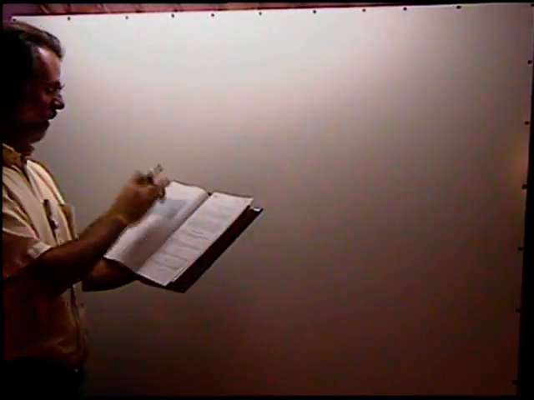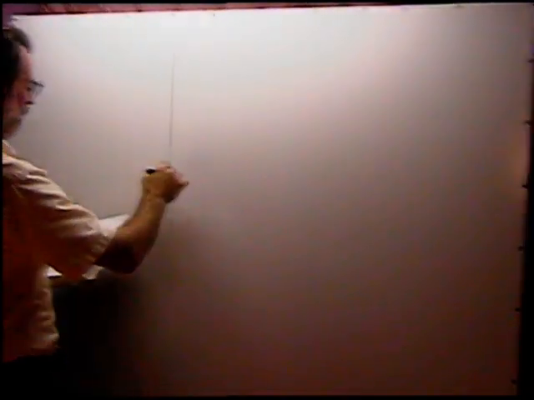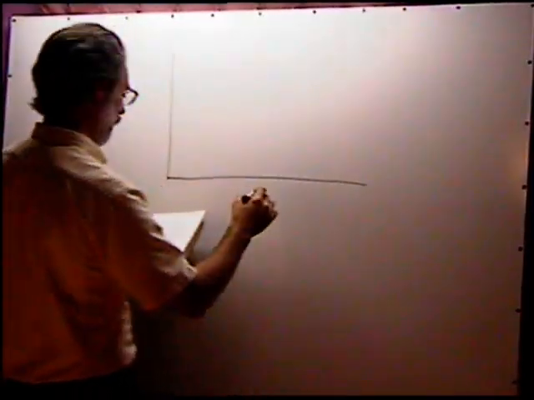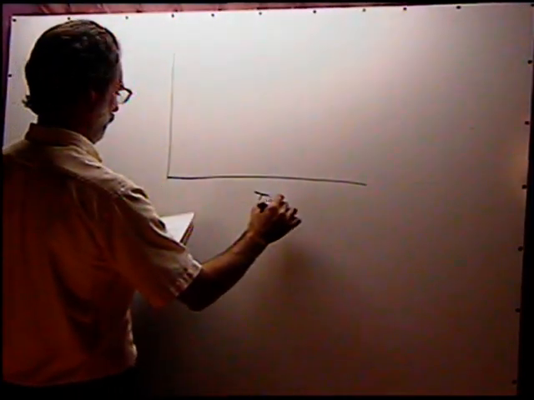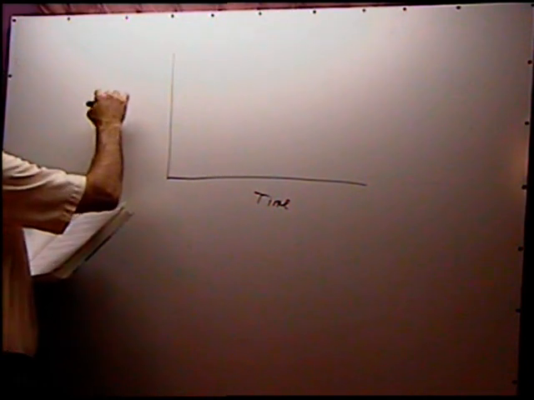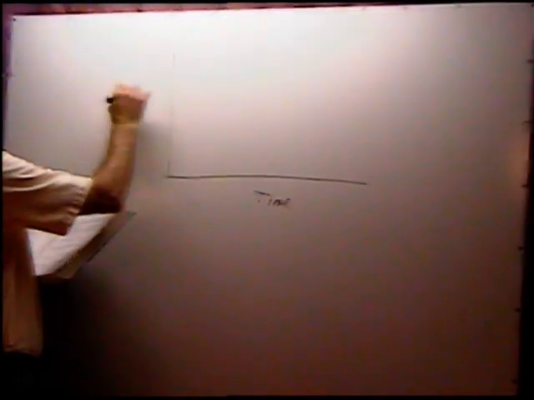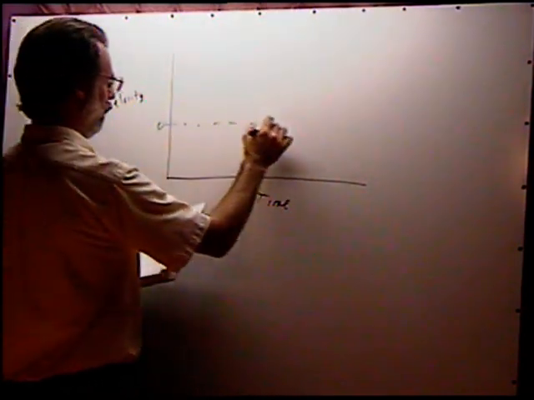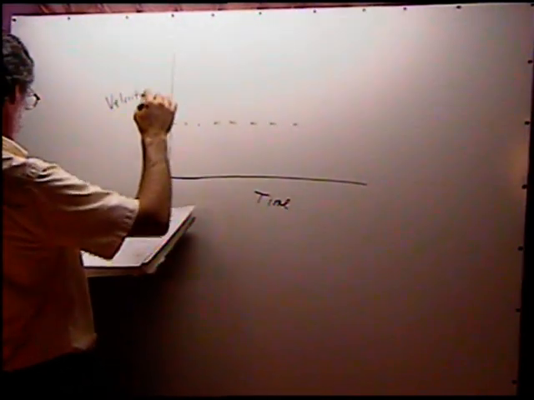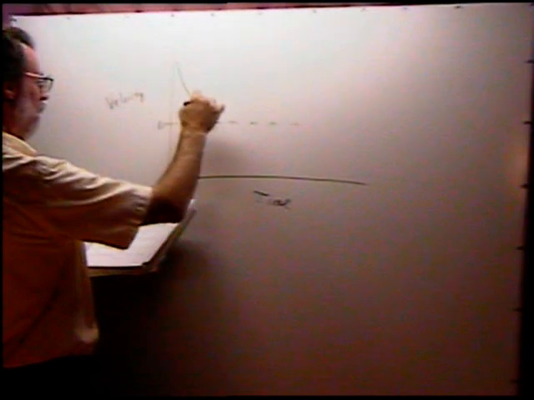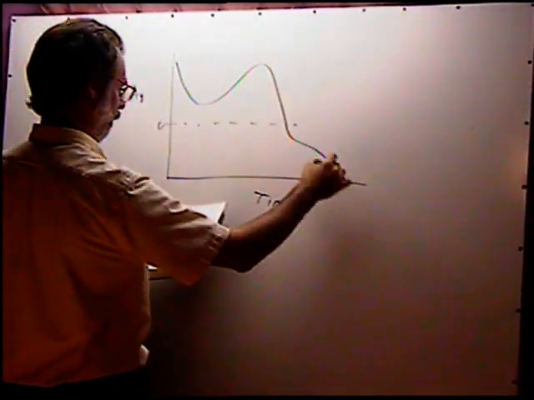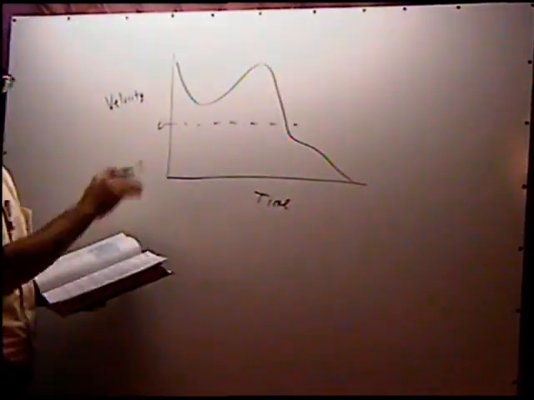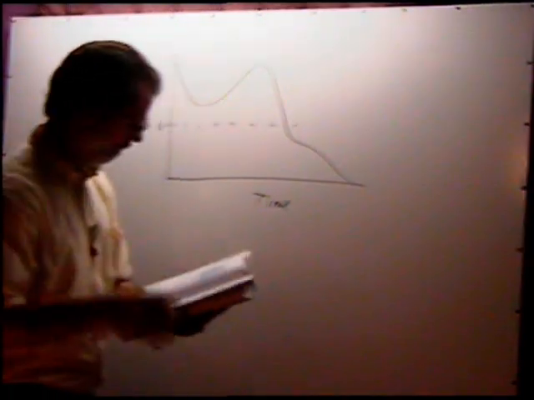Page 36, questions 8, 9, 10 refer to a graph on page 36, and it's of time versus velocity. There's a 0 velocity here, and it looks something like that. That's a bad drawing, but it looks something like that.